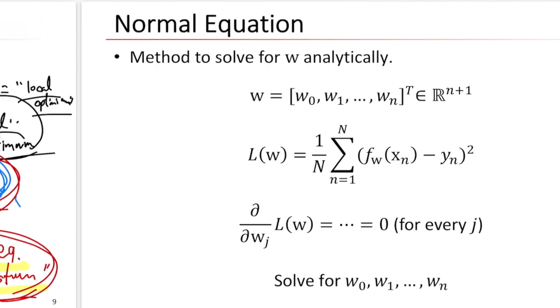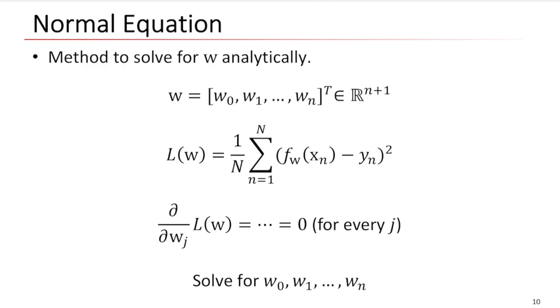So let's do this in a general formulation. Okay. What you want to do is to find the parameter w equal to w0, w1 through wn. So this parameter vector is the size of n plus 1 times 1.